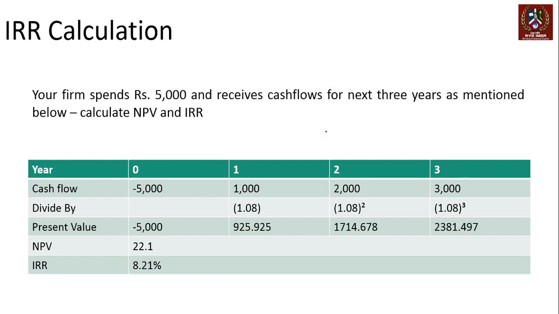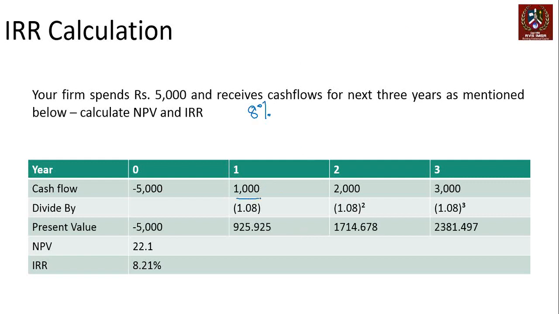Let's take another example and let's look at a calculation here. Your firm spends rupees 5,000 and receives these cash flows over the next few years: 1,000, 2,000 and 3,000. Assuming a rate of discount of 8%, let's say 8% is your expected rate of return. Can you calculate what is the present value?